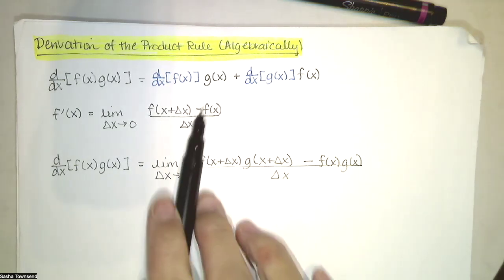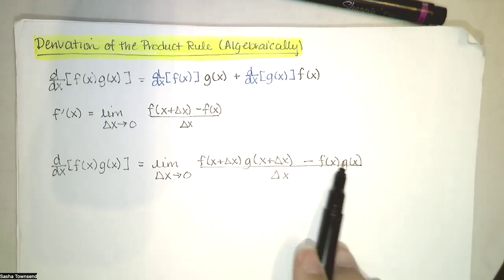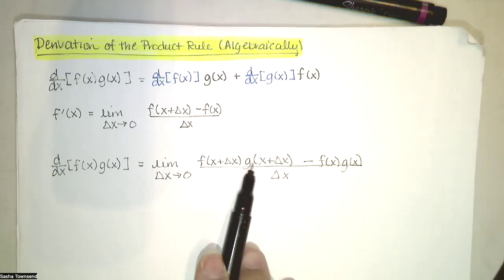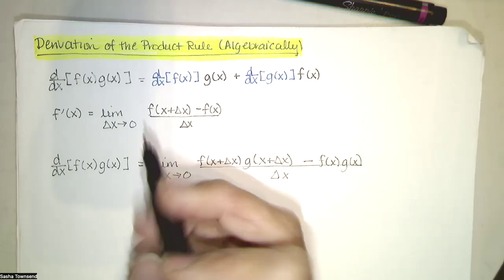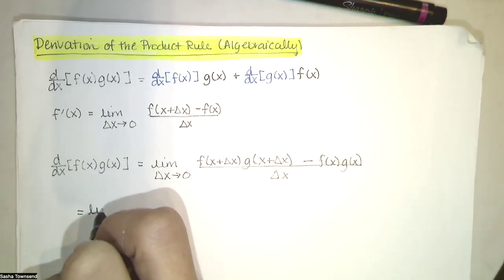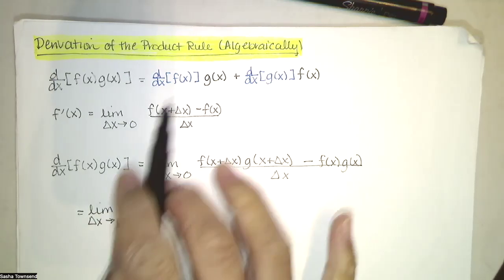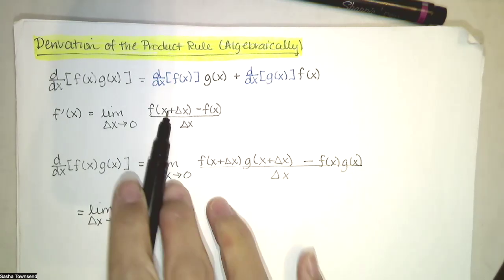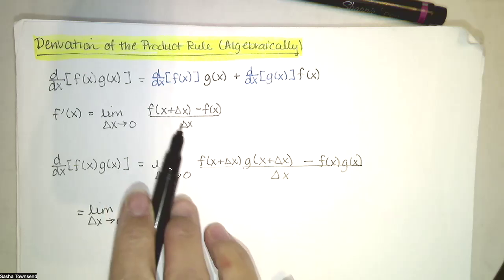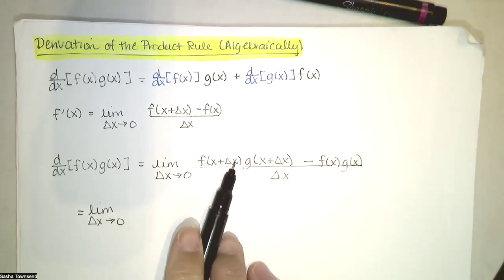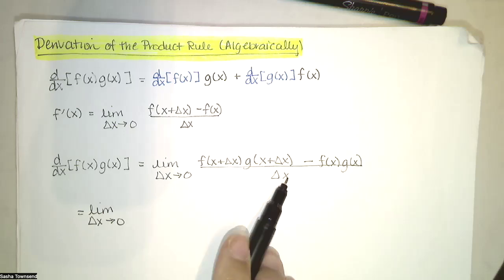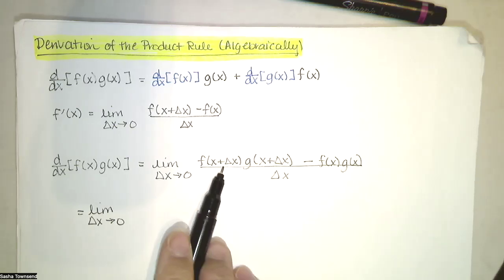But the problem is if I just had an f here, just subtracting f times g, it wouldn't work because I've got this extra function. So I say, well, what do we do? We're just going to add and subtract just the right thing so that we'll have this as a factor. I know that I'm going to do that because I see this f of x plus delta x divided by delta x here.